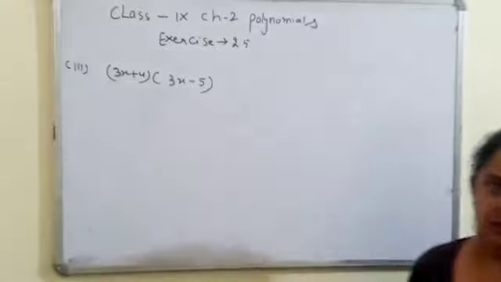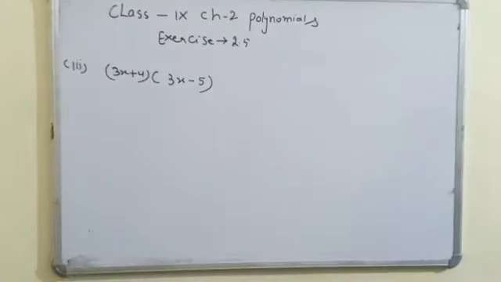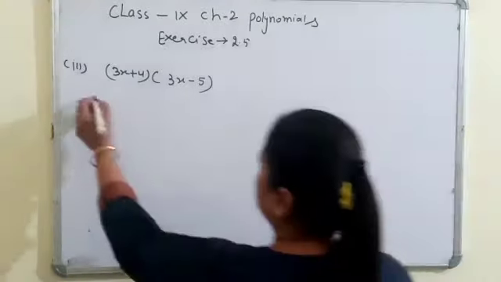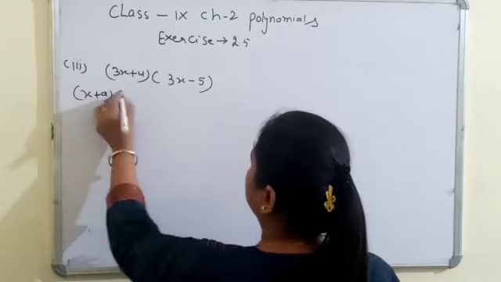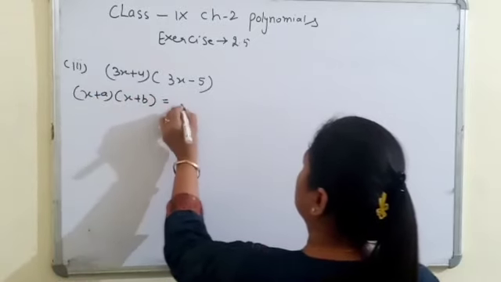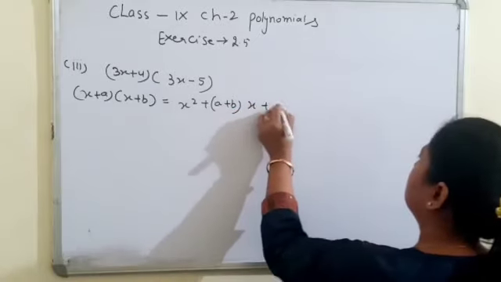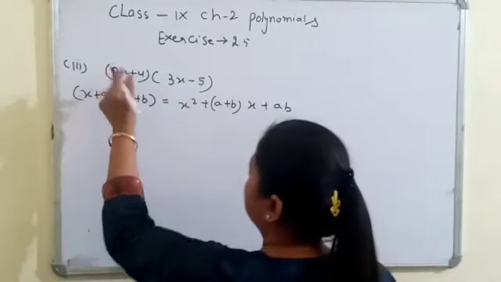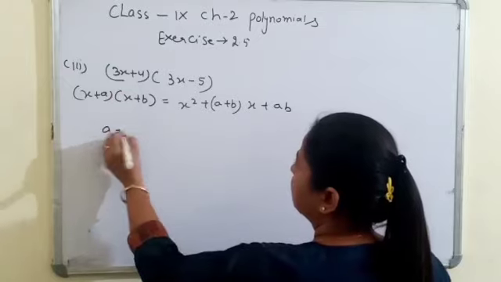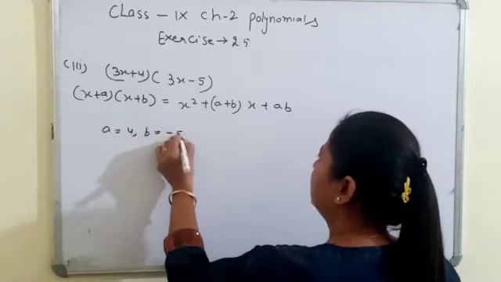Again we can apply (x plus a)(x plus b) is equal to x square plus (a plus b)x plus ab. So x is the 3x here, a is 4 and b is minus 5.